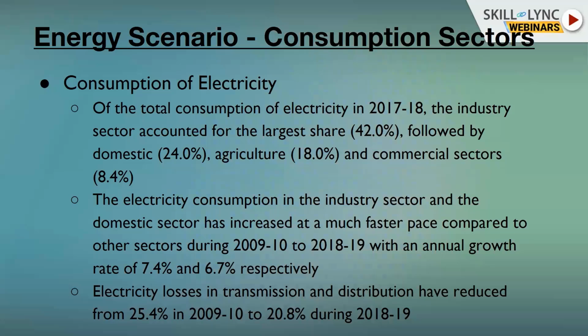And you also see the electrical losses, because in India, once we produce 100% electricity, it is not all given to the consumer end, due to losses in the transmission as well as the distribution side network.